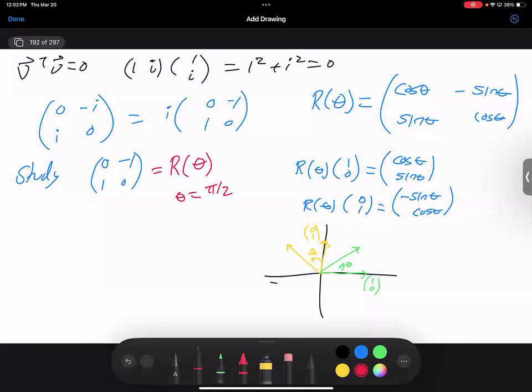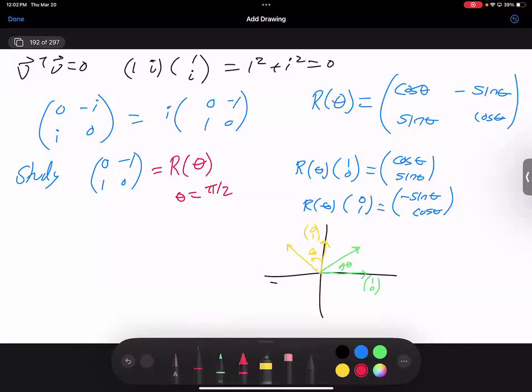So let's think about it. I want an eigenvector. I apply a rotation matrix, I rotate the vector by 90 degrees, and I want it to be pointing in the same direction. Are there any non-zero vectors you know of that when you rotate them by 90 degrees, they're pointing in the same direction? Other than zero vectors? No, right?